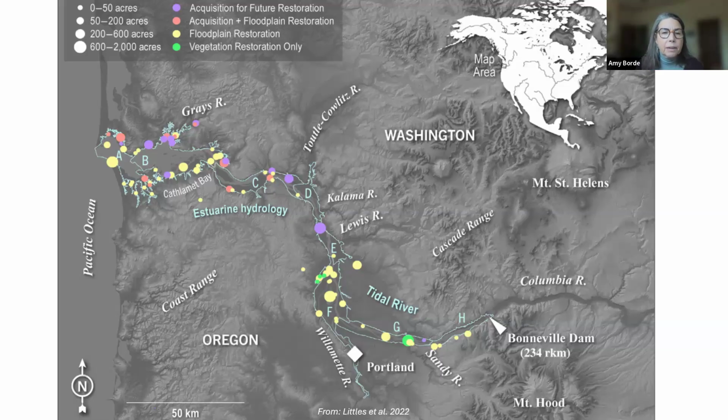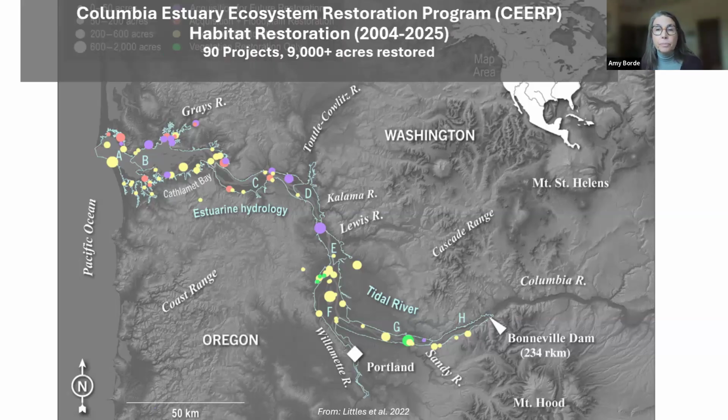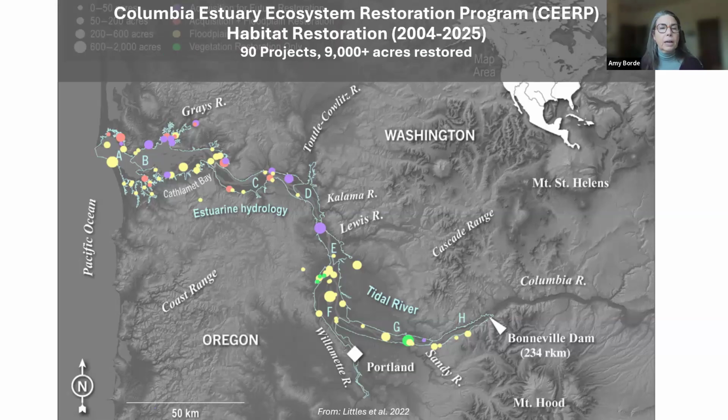This map was from a paper that was published in 2022, documenting many of the restoration projects that have been done throughout the estuary over the last 21 years or so.